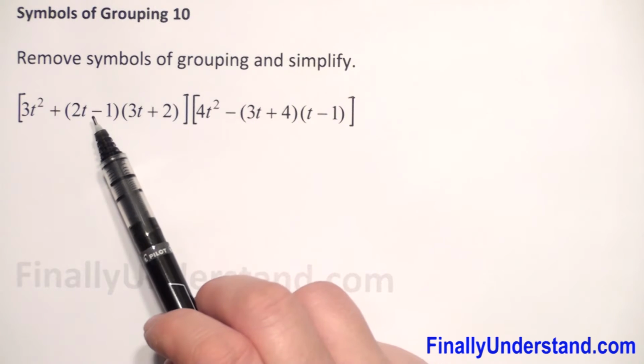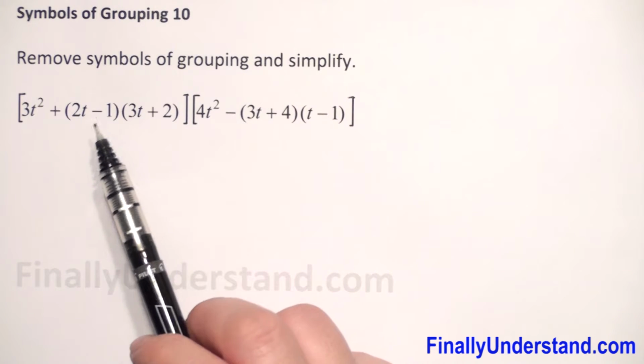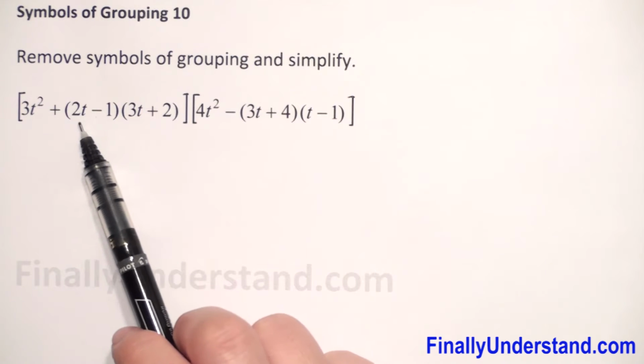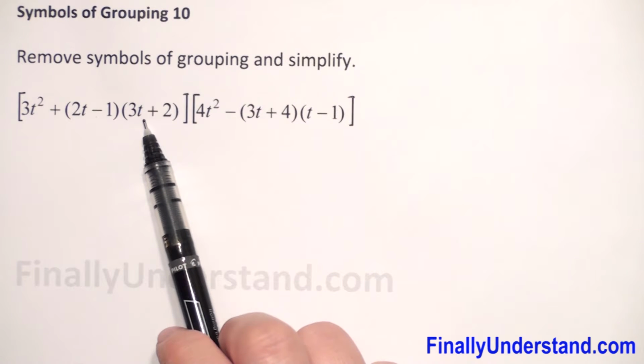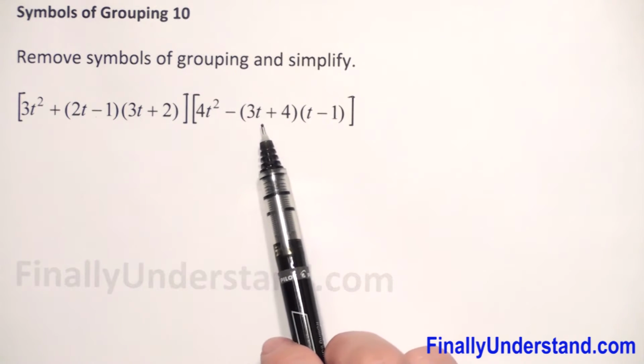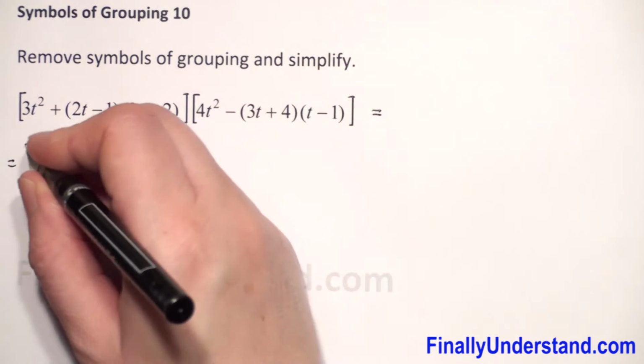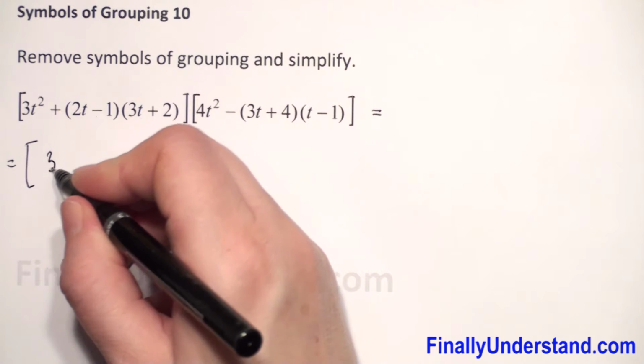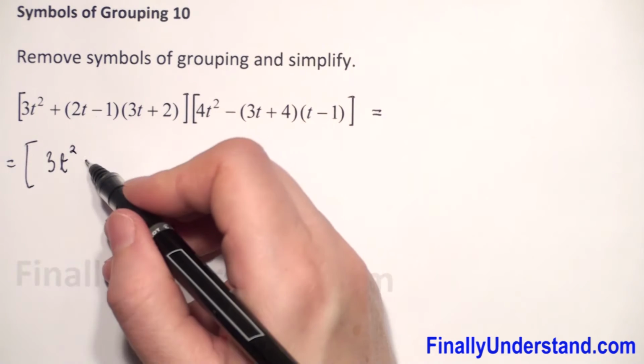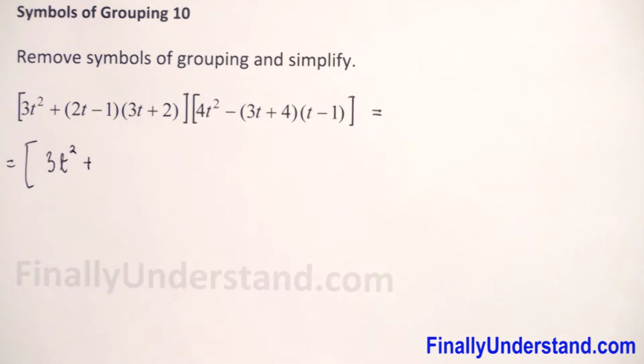So next step we have to do multiplication. We have to multiply every expression in the first parenthesis by every expression in the second parenthesis, and the same in the second brackets. So we have to rewrite. We open brackets, we have 3t squared and we have positive sign before these two parentheses.